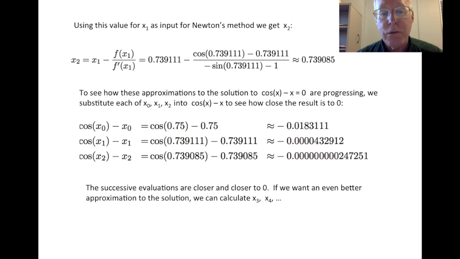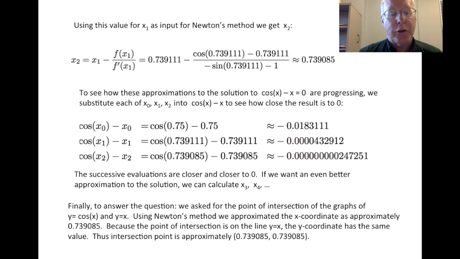And the x2, just a little refinement over x1, you can see there hasn't been a lot of change, but that one is really doing a good job. It is giving 0 to several decimal places. So again, we see these successive approximations give us evaluations that are closer and closer to 0. Okay. And of course, we could keep going if we wanted more approximations. Might be interesting for you to try this on your own, see what the next iterate would be by computing x3.